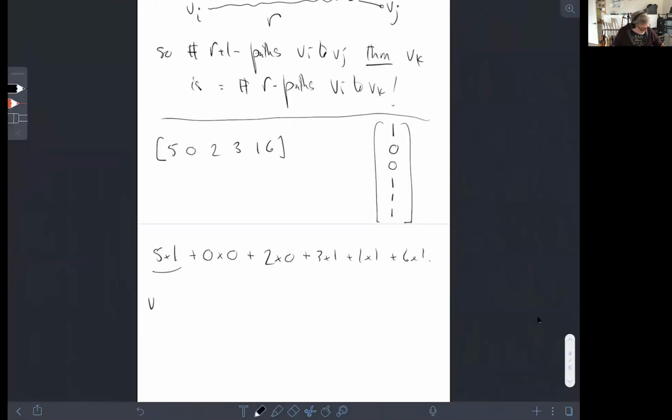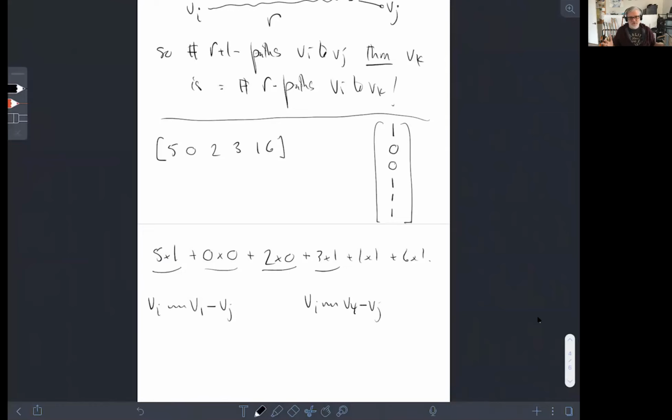So this is, let's say, VI going to V1 adjacent to VJ. Here, there's nothing. Here would be the number of paths going through V3, but V3 is not adjacent to VJ. Okay, and this one would be VI to V4 adjacent to VJ.